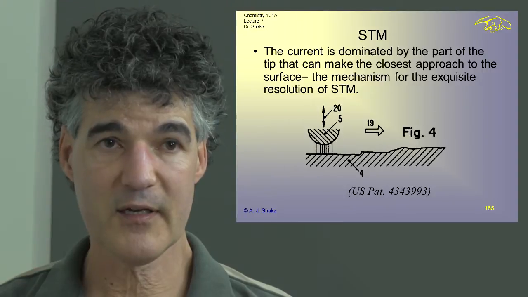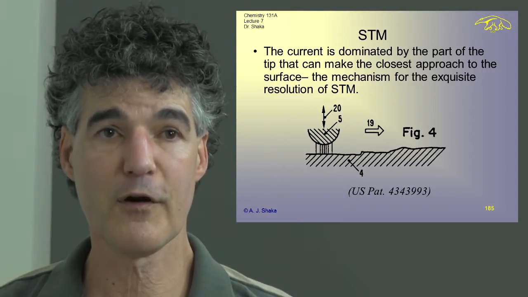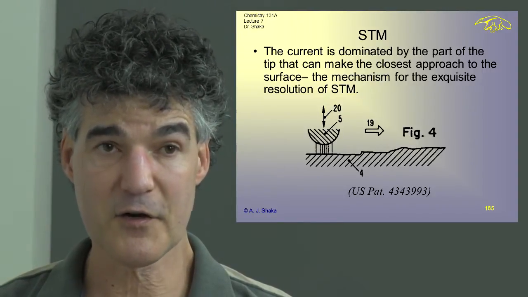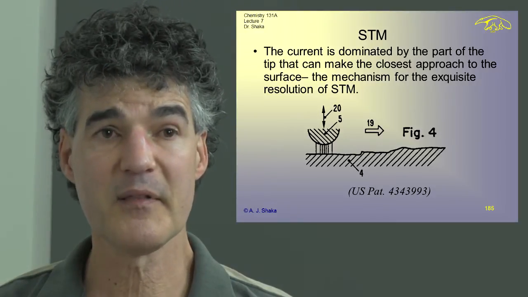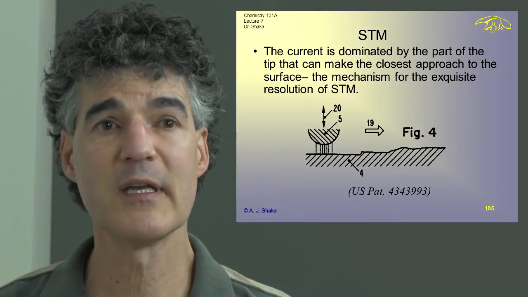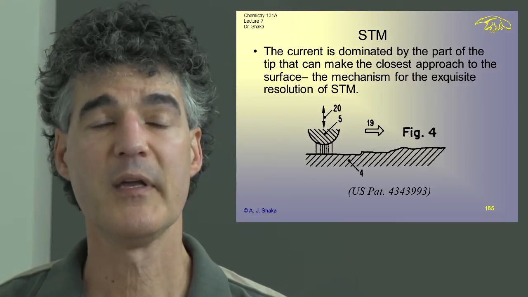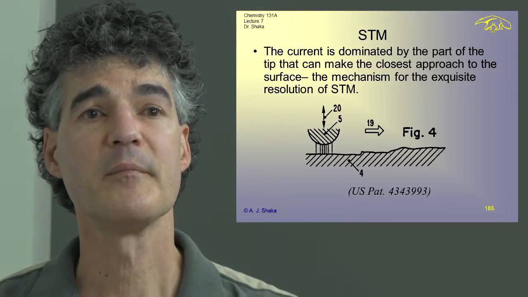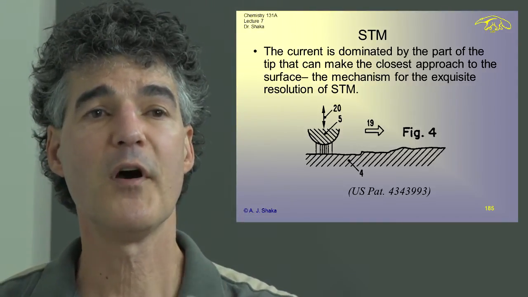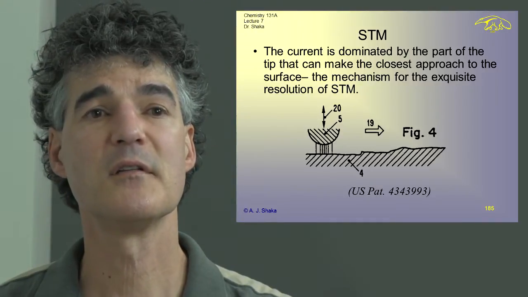And here is a schematic, again, figure 4 from their patent. There's a surface, there's a tip. The tip is very near the surface. The tip has some shape, and all the current is coming from the part of the tip that's closest to the surface.